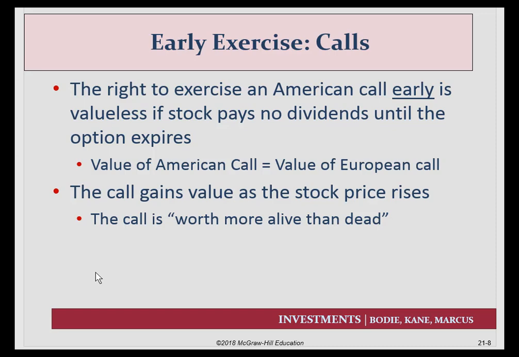If the stock doesn't pay a dividend, then that right is worthless. If it does pay a dividend, then by exercising early and owning that stock, you would be entitled to the dividend, so it would have value. So the value of an American call equals the value of a European call if there are no dividends.